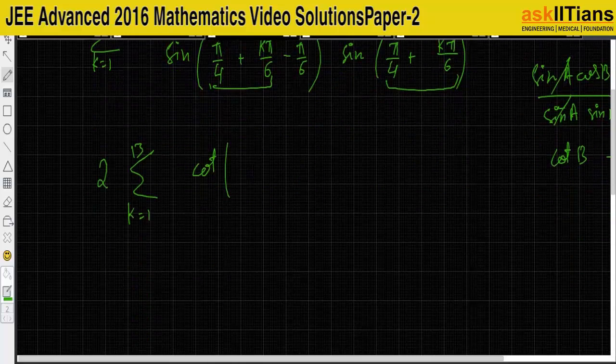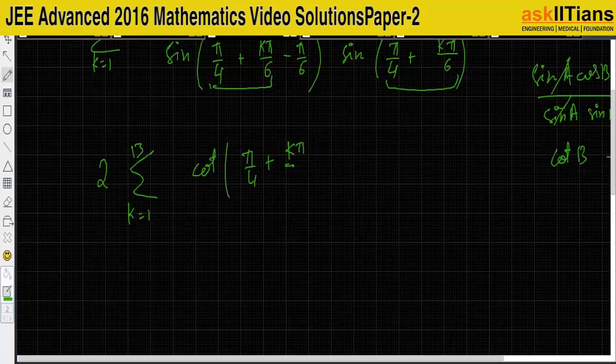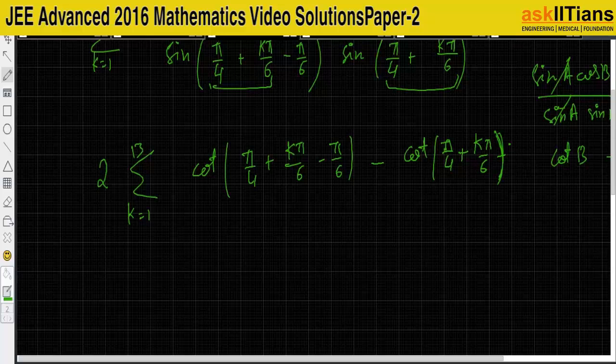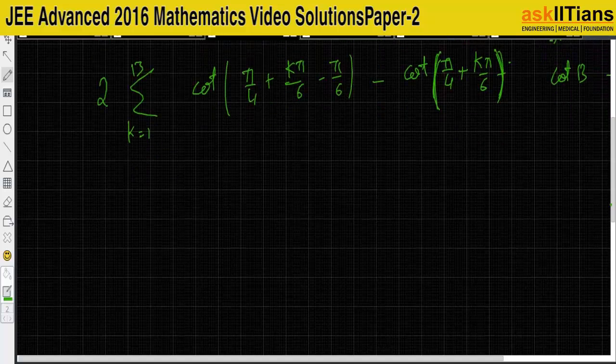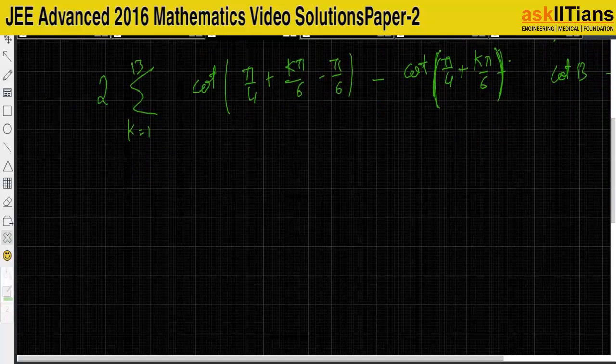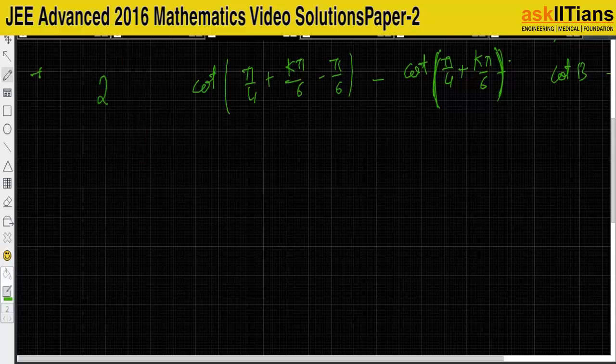B is this smaller angle, that is pi by 4 plus k pi by 6 minus pi by 6, minus cot of pi by 4 plus k pi by 6, that is cot A. So like this I'll get. Now if I put the values of k, everything will get cancelled. Like if I say this is the rth term or the kth term, okay, let me remove the sigma and let me say that this is the kth term.